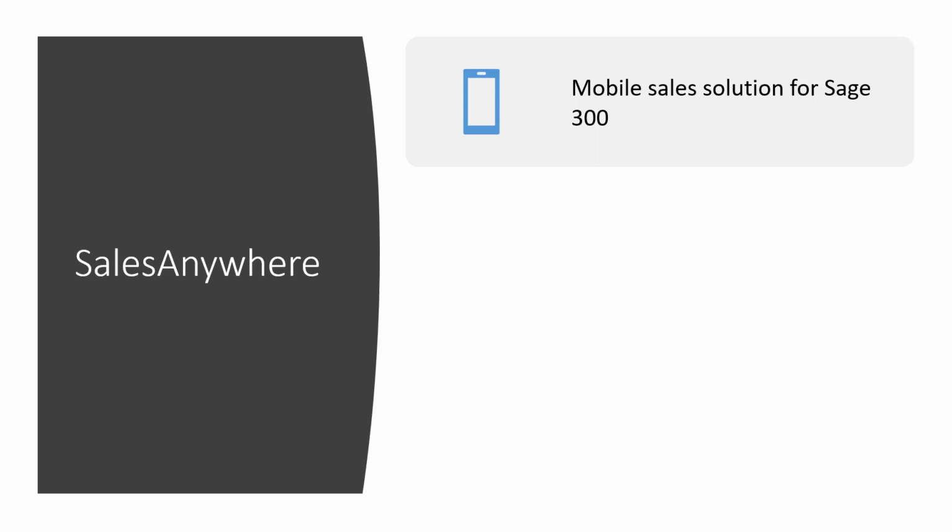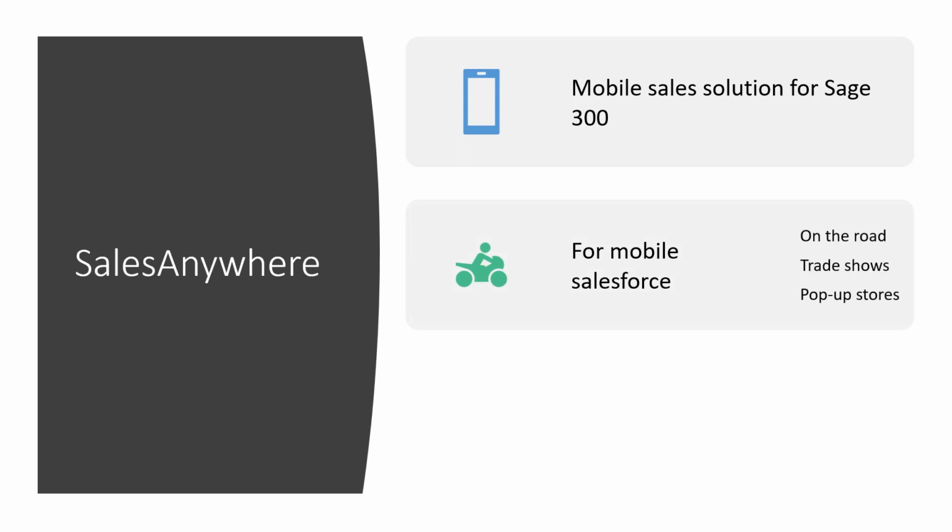Sales Anywhere is a mobile sales solution for Sage 300. With this app, salespeople can create sales transactions when they are outside of the office, maybe at the customer site or at trade shows, or even take orders and generate invoices at pop-up stores.